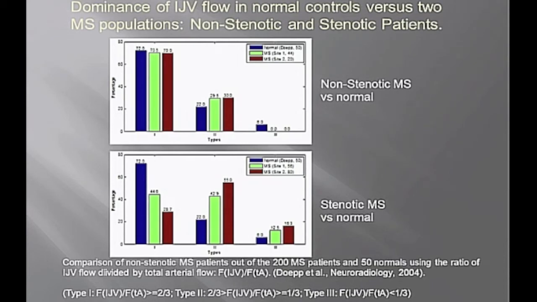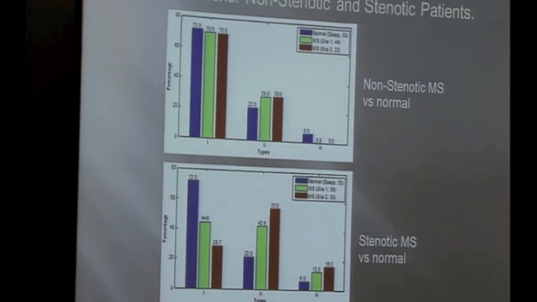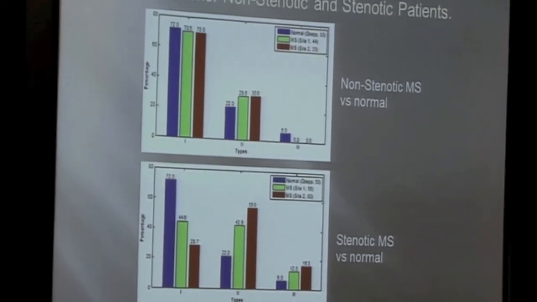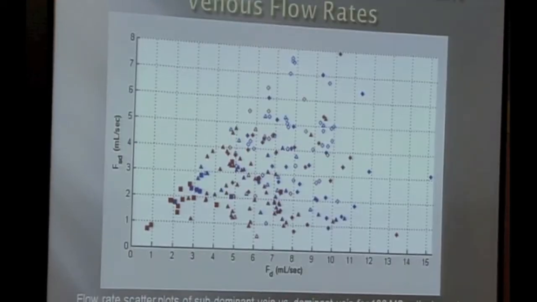And I can't quote a p-value for this because the numbers are so high here and the statistics are so great that this is just a clear difference. And look what happens in type 3, from 6% to 12% to 16%. So this is definite quantitative evidence of abnormal flow for multiple sclerosis patients.